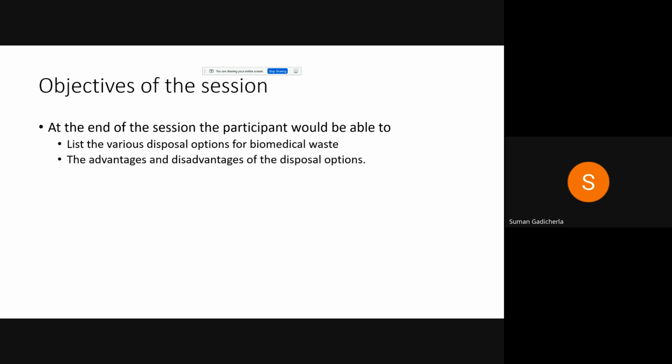Today we are looking at burn and non-burn technology, what we have at our disposal for biomedical waste management. Has segregation been taught to you? Can somebody tell me what technologies are available for treatment and disposal of biomedical waste?